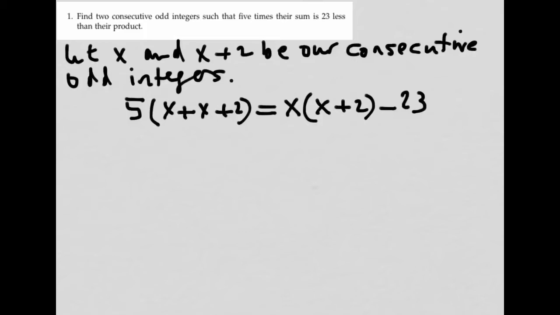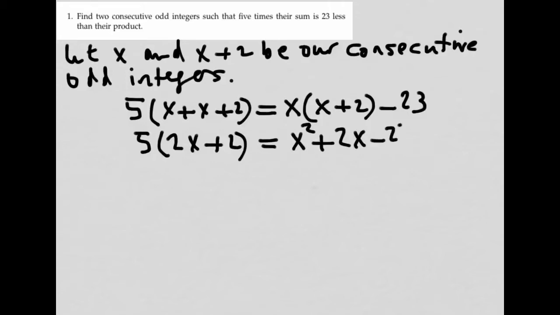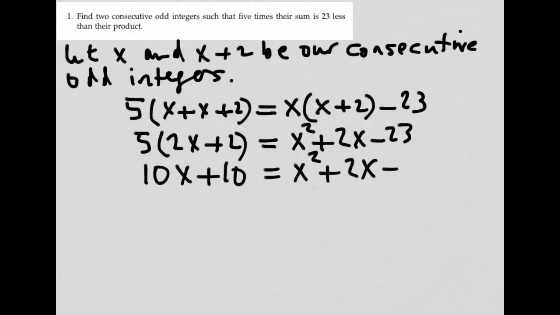Now the rest is algebra, so let's do 5 times 2x plus 2 equals x times x is x squared. x times 2 is 2x, minus 23. 10x plus 10 is x squared plus 2x minus 23.